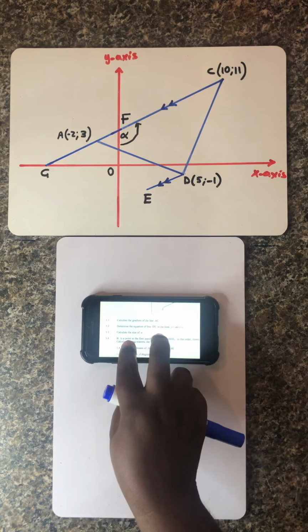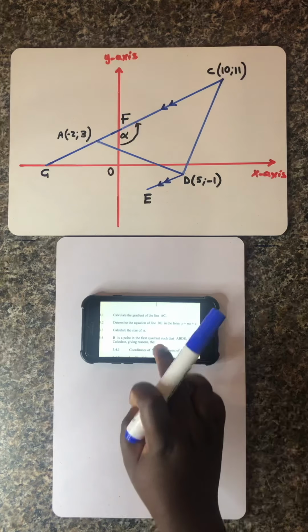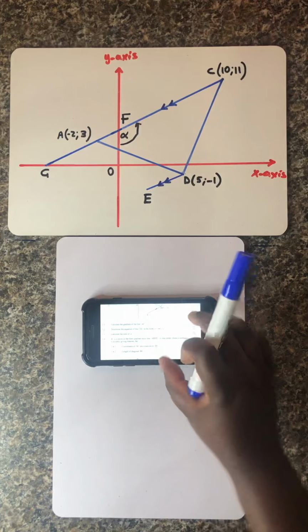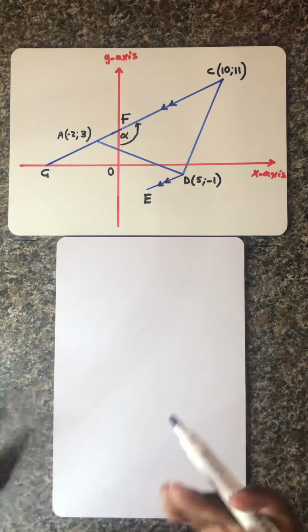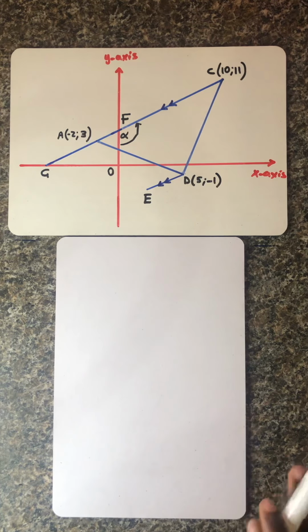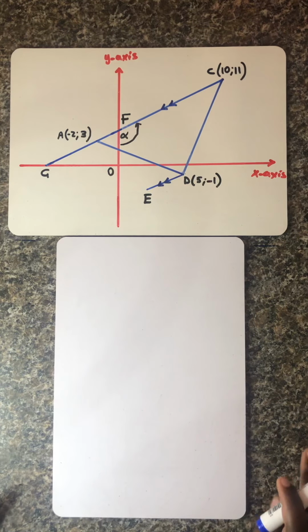This question is allocated 2 marks. I've been mentioning that when you're given marks like 3, 2, 1, just know it's one of those easy and straightforward questions. You just need to apply your understanding.